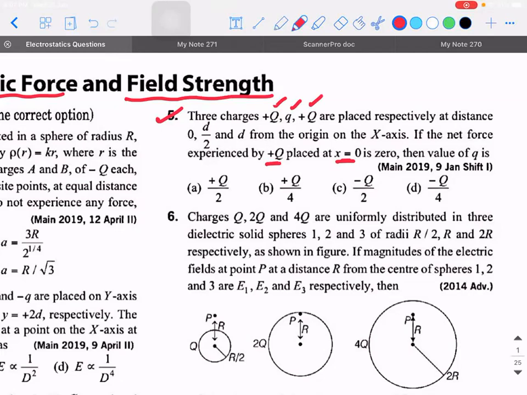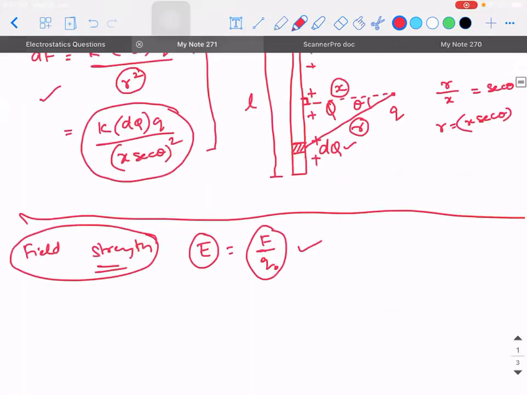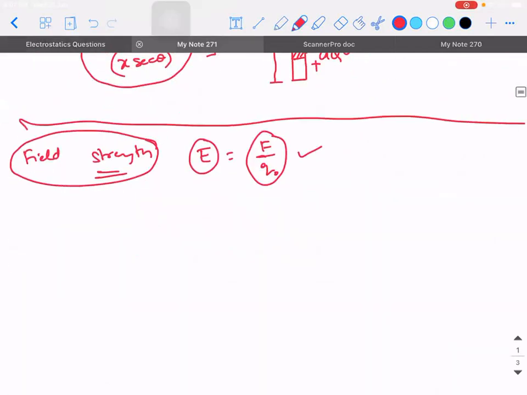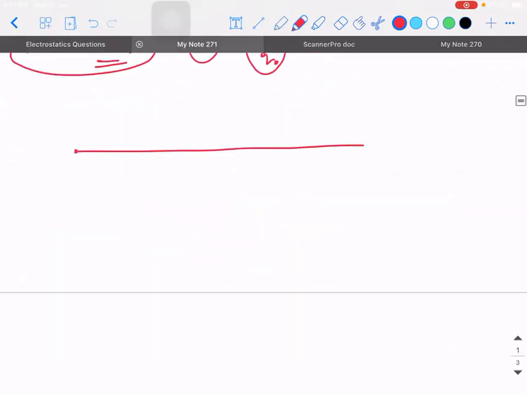So at least this, can you guys tell me? So what is the question? There are 3 charges. What are they? Plus Q, small q, and another plus Q, which are placed at the origin, (d by 2, 0) and (d, 0), right?